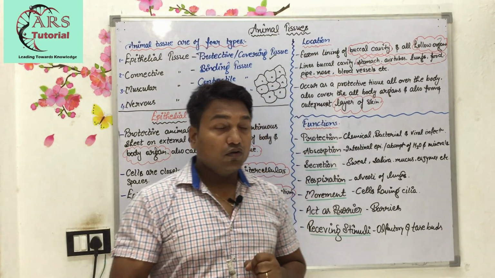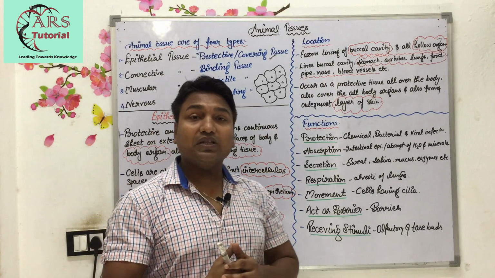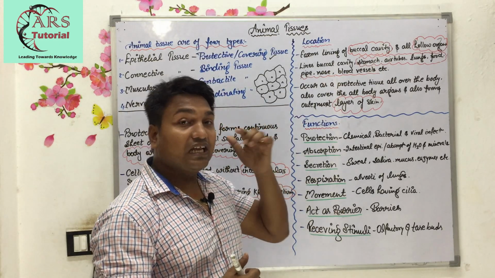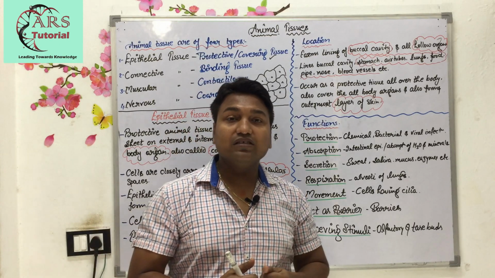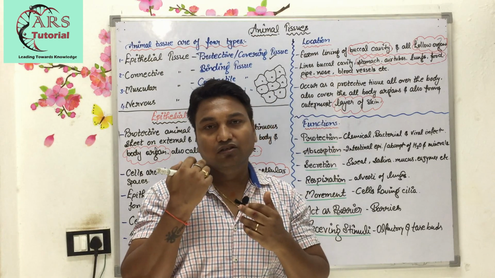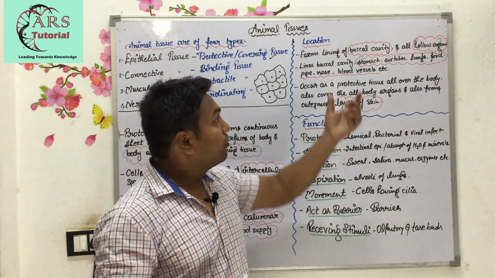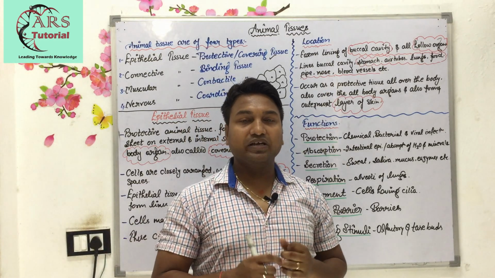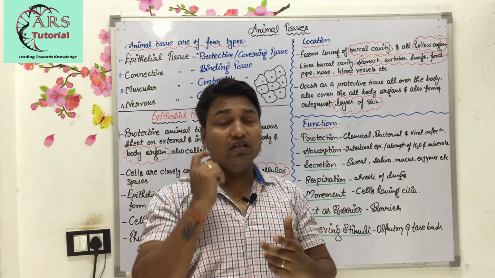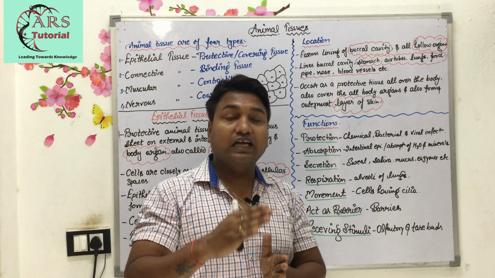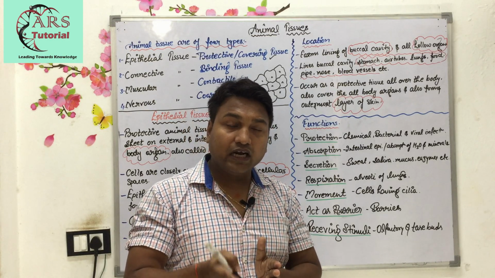Now the location of epithelial tissue: it forms the lining of the buccal cavity, meaning the internal mouth cavity which you touch with your tongue, and all hollow organs present in our body. Epithelial tissue is found in all hollow organs, on the external surface as well as the internal surface.